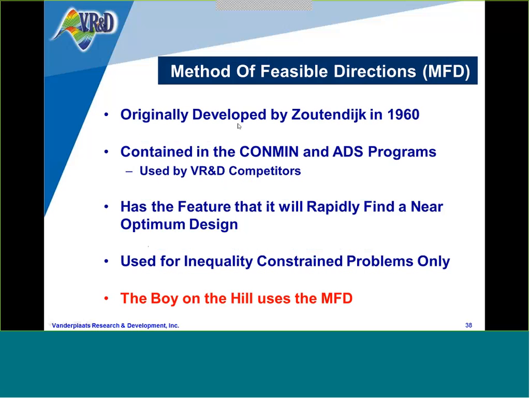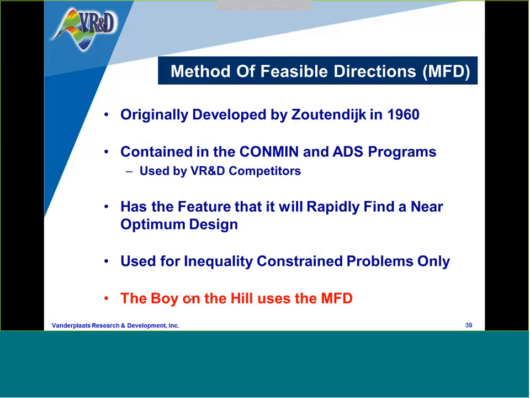The method of feasible directions, as I said, was developed by Zoutendijk in 1960. That's contained in the Conman and ADS programs. Conman was 1972, ADS was 1984. These were research codes when I was at NASA and the university. It finds a near optimum very fast.